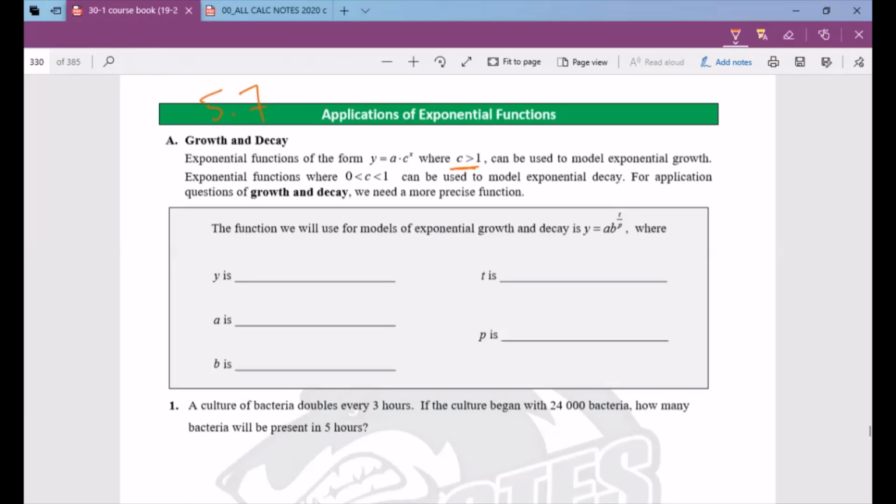Now we're going to change our exponent, and instead of just x, it's now this exponent of t over p. So y is equal to a times b to the t over p, where y is your final amount, in contrast with a being your initial amount.